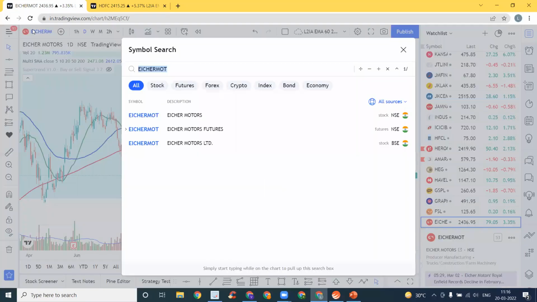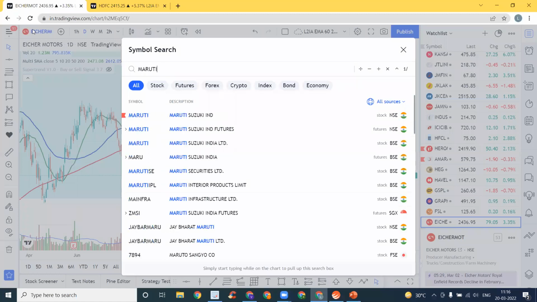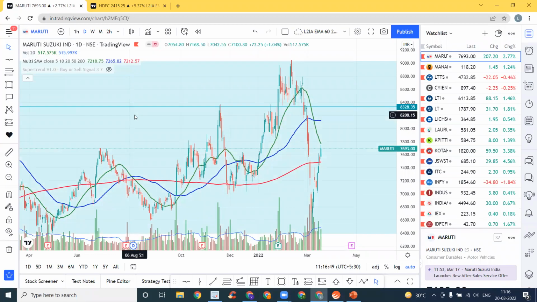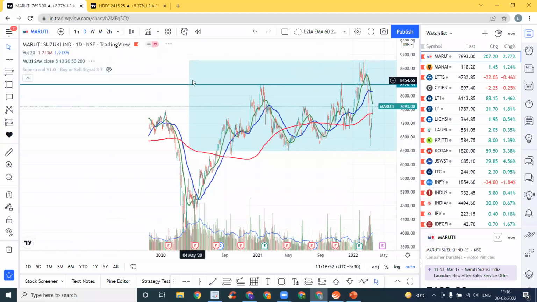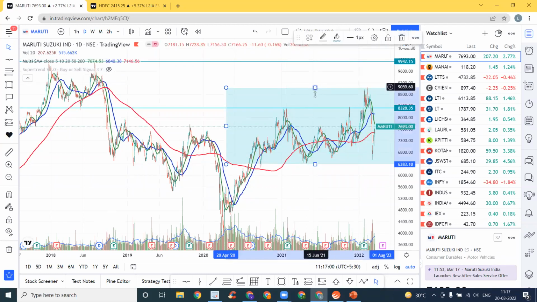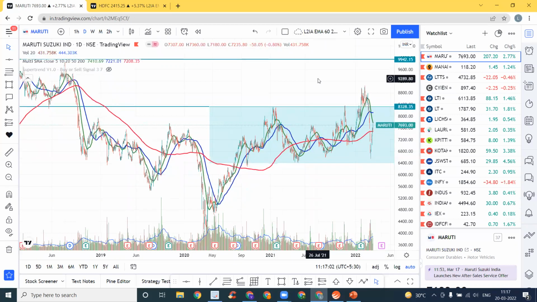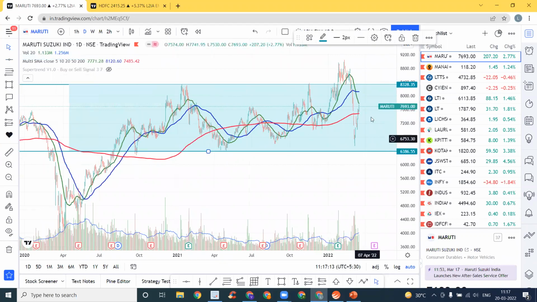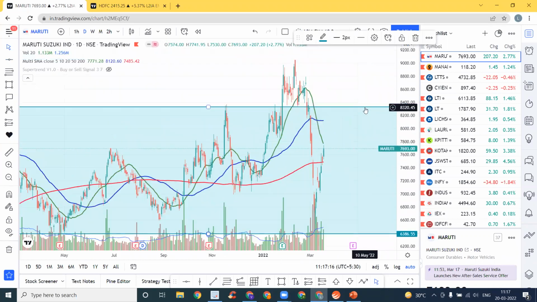Maruti. You can see, last so many months, it is in the range only. It tried to break, went down, took the support over here at these levels, and once again it is moving up, but not a very strong stock.